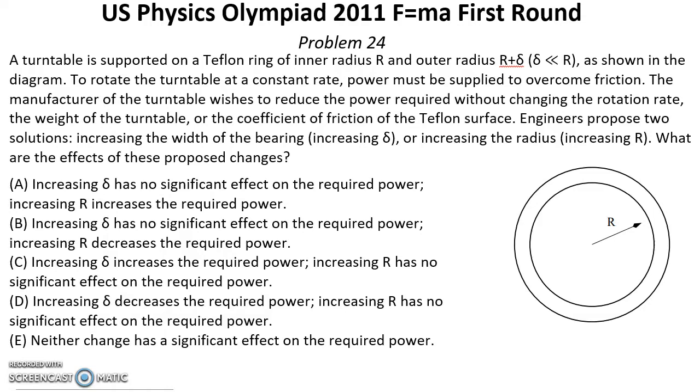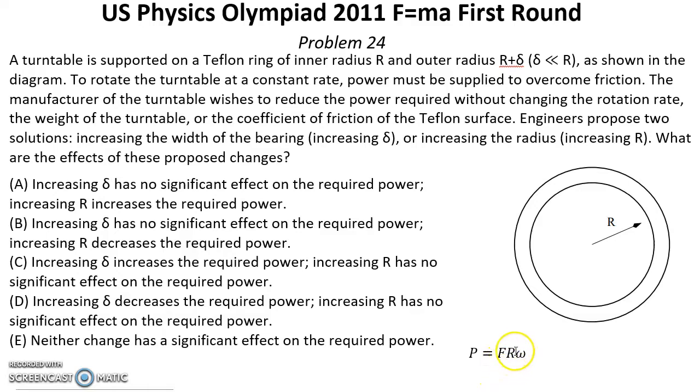Solution. First, let's write the equation for power. Power equals force of friction multiplied by radius and multiplied by angular speed. In our case, the force of friction we cannot change, because the weight of this table will not change and the coefficient of friction will not change.